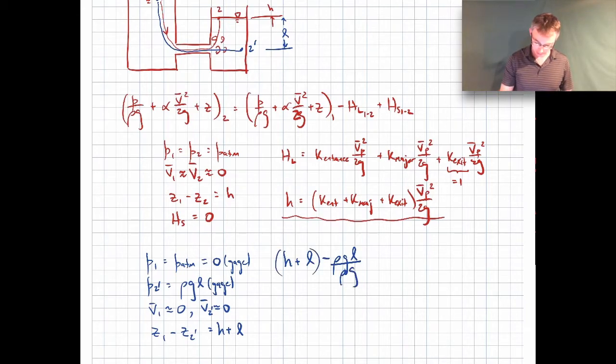And then I'll bring the HL term to the left-hand side. And so that'll still look exactly the same as before. And I still have the same exit loss in that case because I'm still going through the exit here.